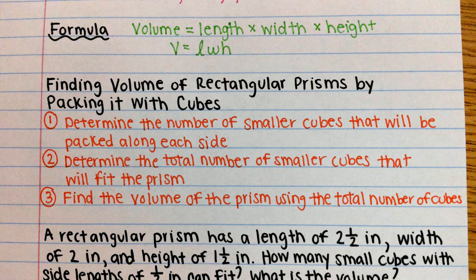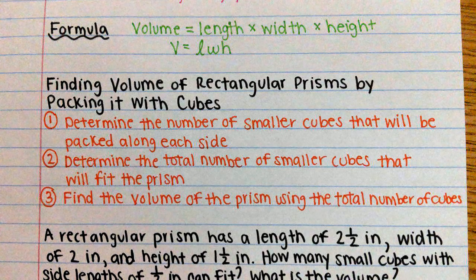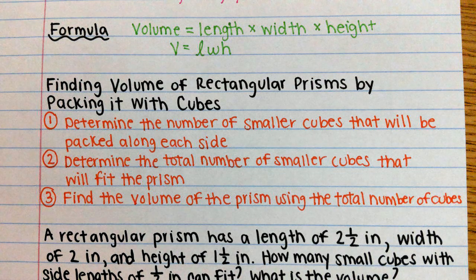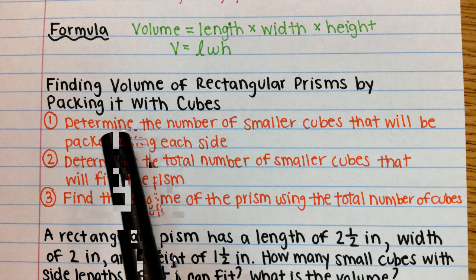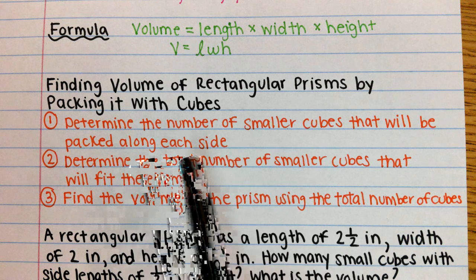Now there's one type of problem that we will look at that involves finding the volume of rectangular prisms by packing it with cubes. So you're taking your prism and breaking it into these tiny little cubes that have different measurements. First step, you need to determine the number of smaller cubes that will be packed along each side.